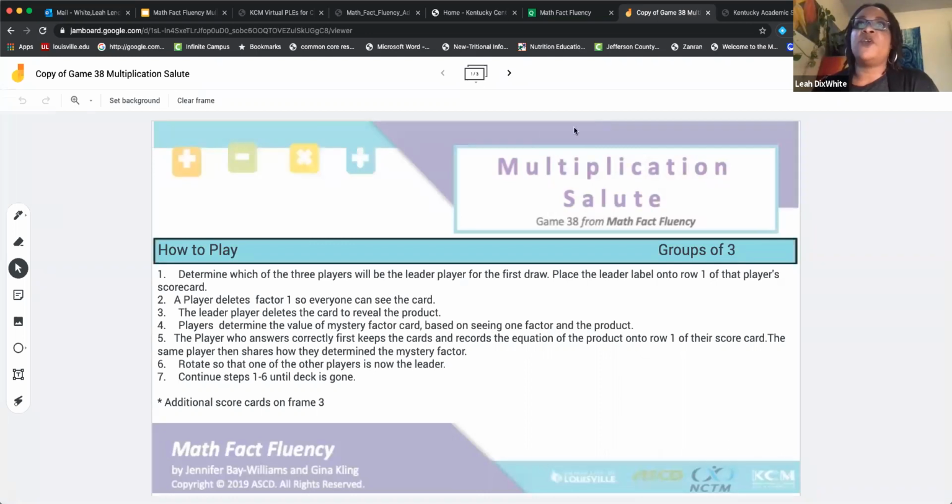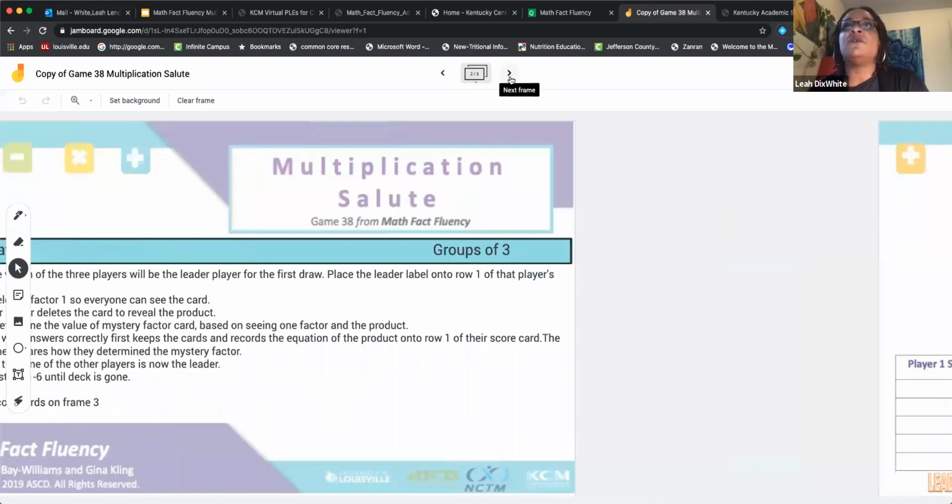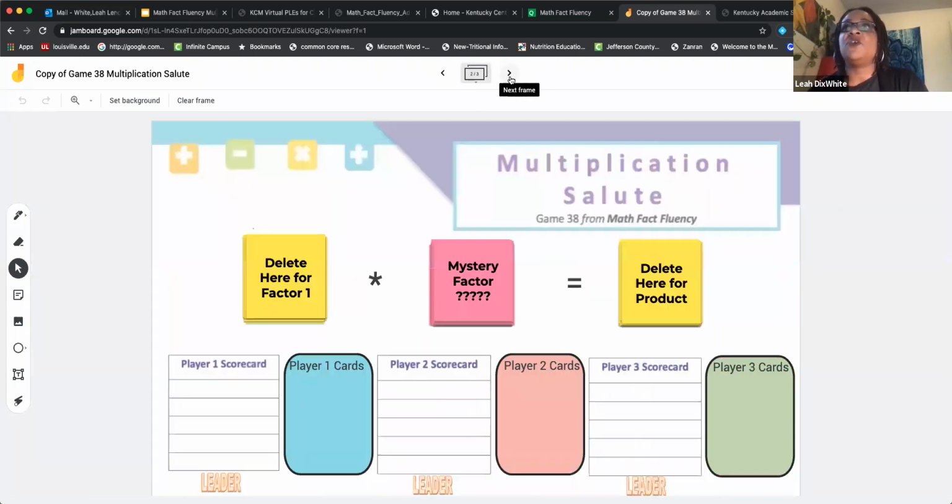And so what you're seeing is a copy of the Jamboard multiplication salute. On the first frame, it'll be how to play the game, how many players you would need, and the directions pretty much of the game. And then as you toggle along the frames, you can actually play and interact with the game.